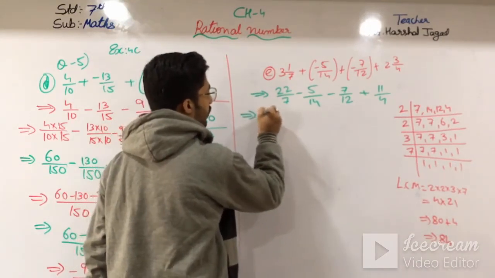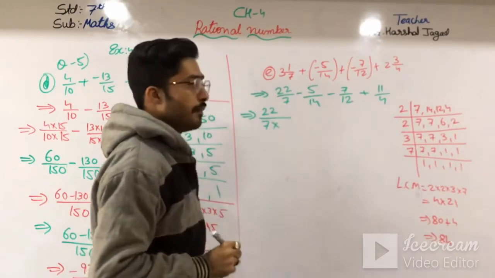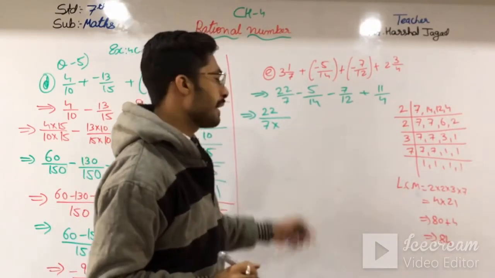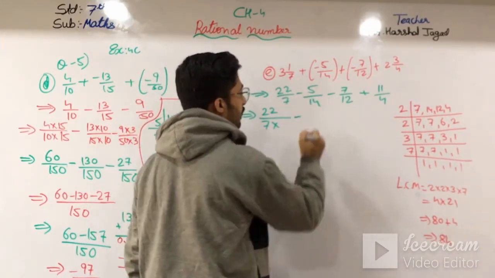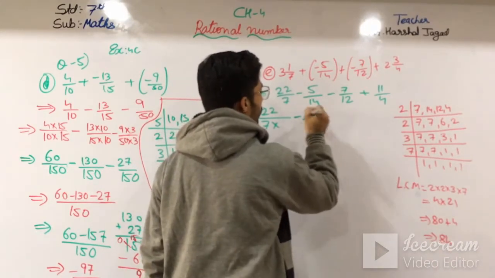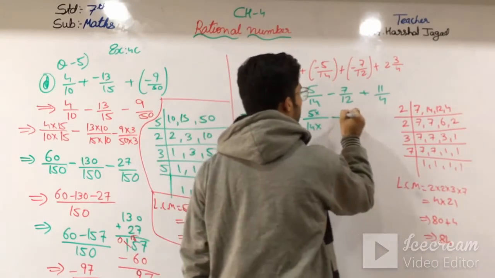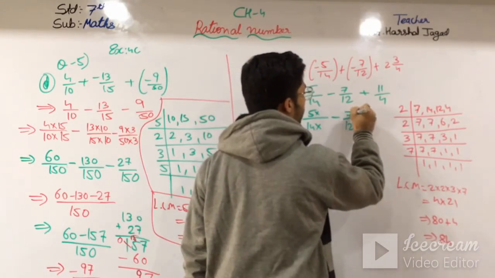Now 22 upon 7. What should be multiplied by 7 to get 84? Just first of all do it on your own. I am just writing that. So 5 by 14, what should be multiplied by 14? And 7 by 12, what should be multiplied by 12?